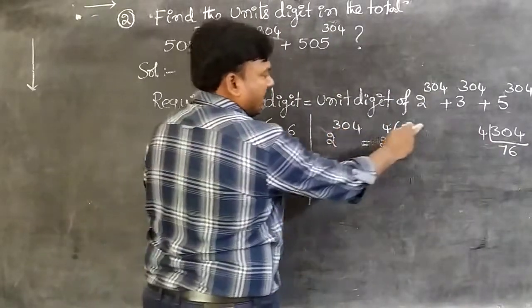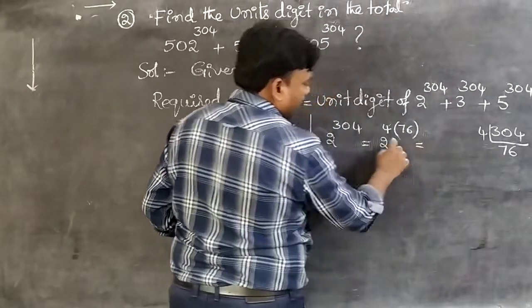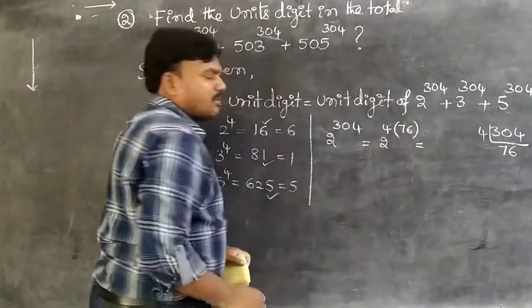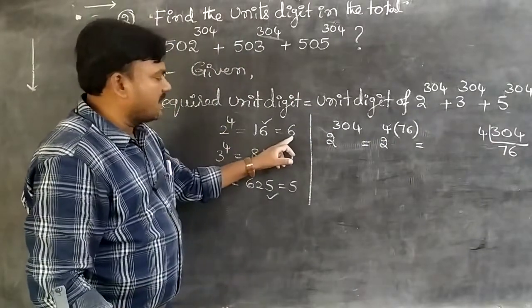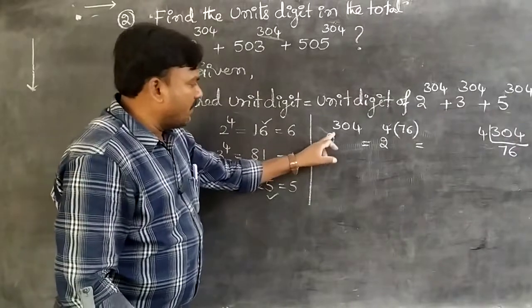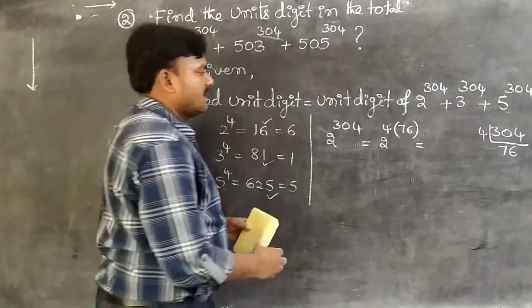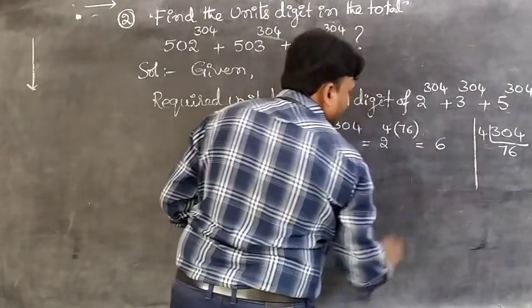So 304 can be written as 4 of 76. 4 of 76 means it is a 4 multiple or not? 4 multiple. So observe here, 4 multiple, unit digit always is 6. So 2 power 304 unit digit equal to 6.